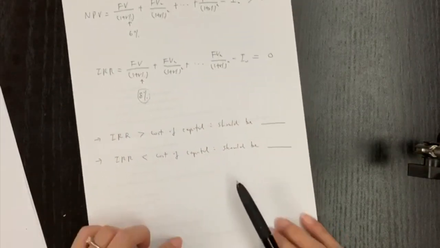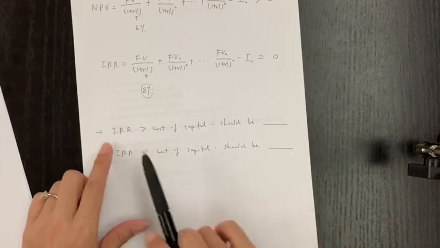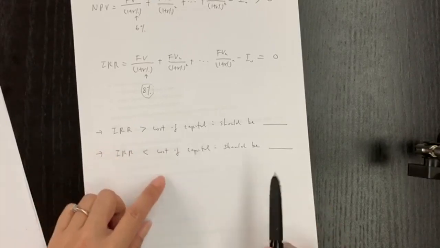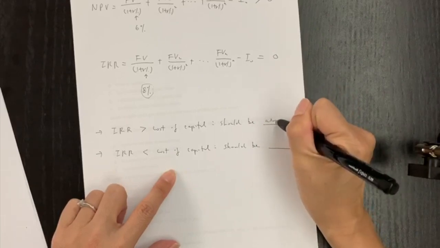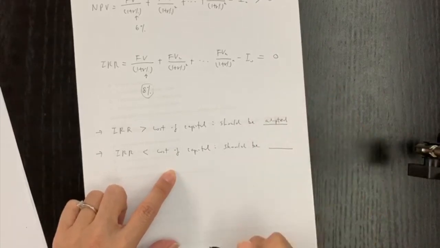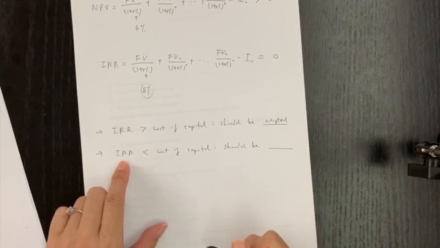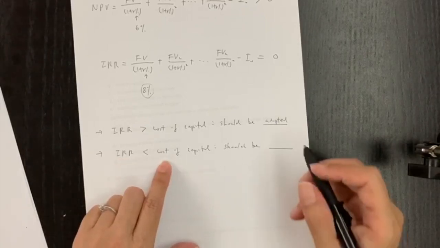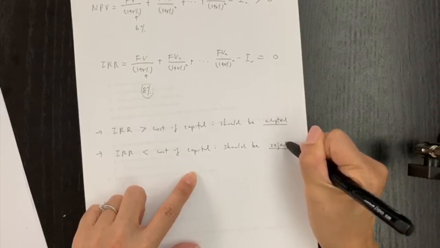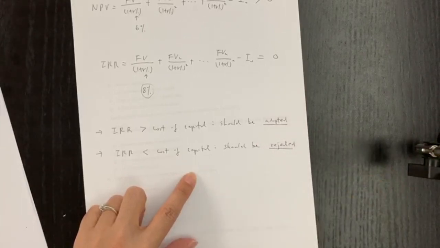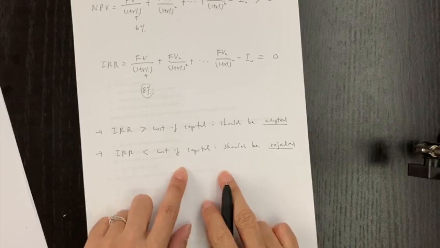So this is the conclusion: if IRR is bigger than cost of capital, the project should be adopted. Opposite, if IRR is smaller than cost of capital, we should not accept the project, and it should be rejected. So this is how we make a decision by using IRR.